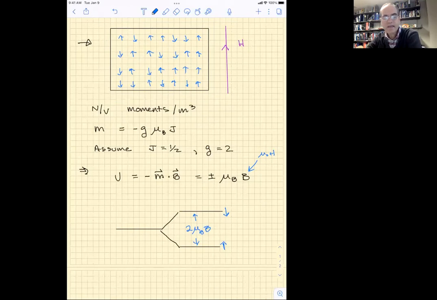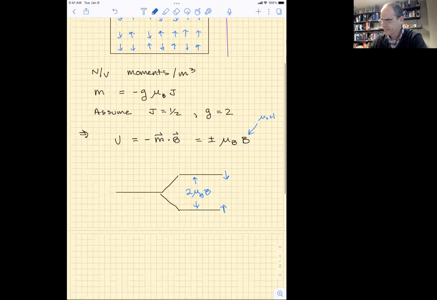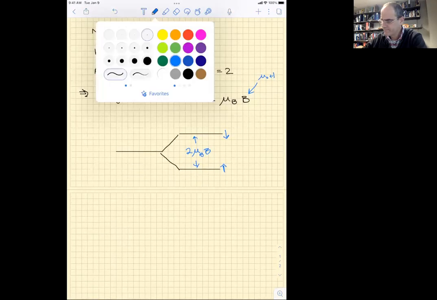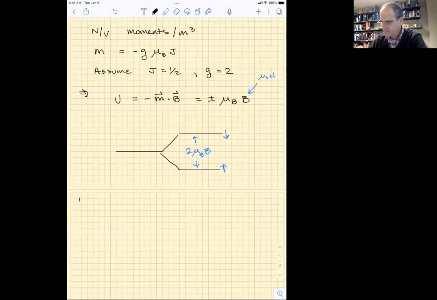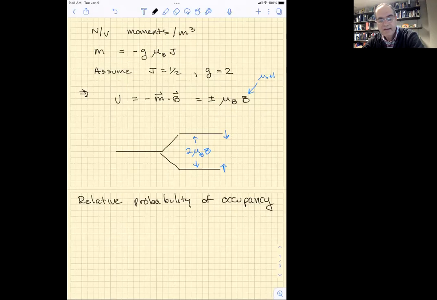All right. Now, let's see, if we're at finite temperature and our system has these two possible states, what's the relative probability that we'll find the system in one state versus the other? Okay? And what we find in statistical mechanics is that the relative probability is given by a Boltzmann factor.